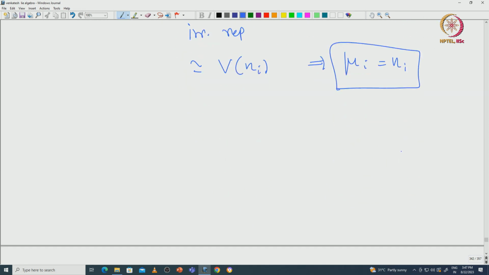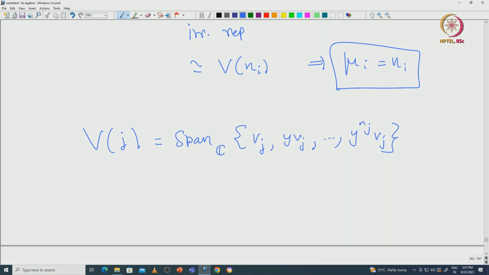So, now what are we going to do? We are going to take this V_j to be that copy of V of n_j. So, what is that copy? You take it to be the span of v_j, y v_j, and so on, y to the power n_j v_j. So, this is going to be isomorphic to V of n_j. Okay.